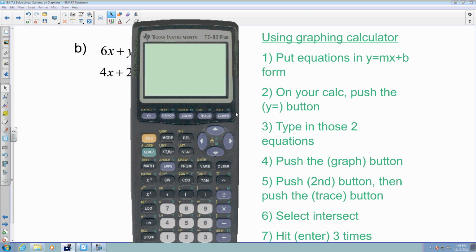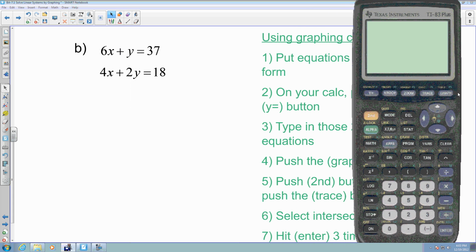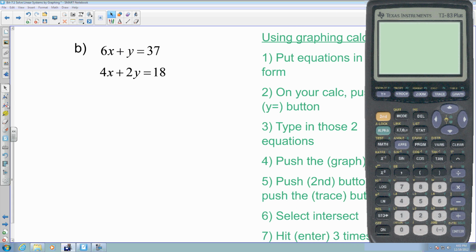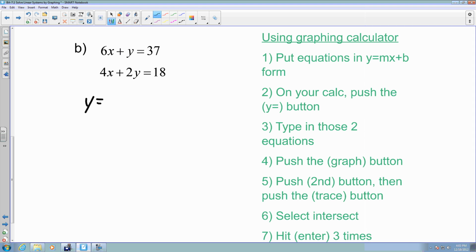Looking at 6x plus y equals 37, I subtract 6x from both sides, which gives me y equals negative 6x plus 37.